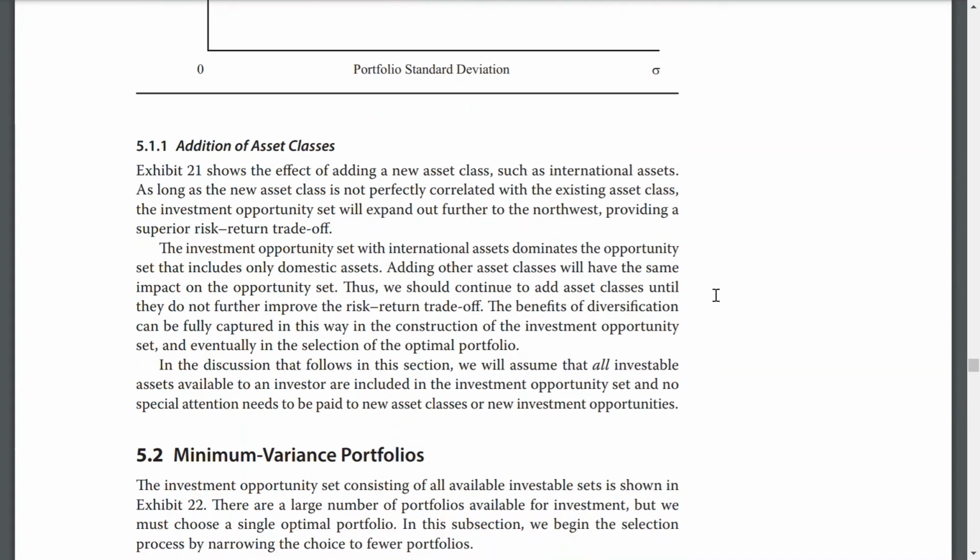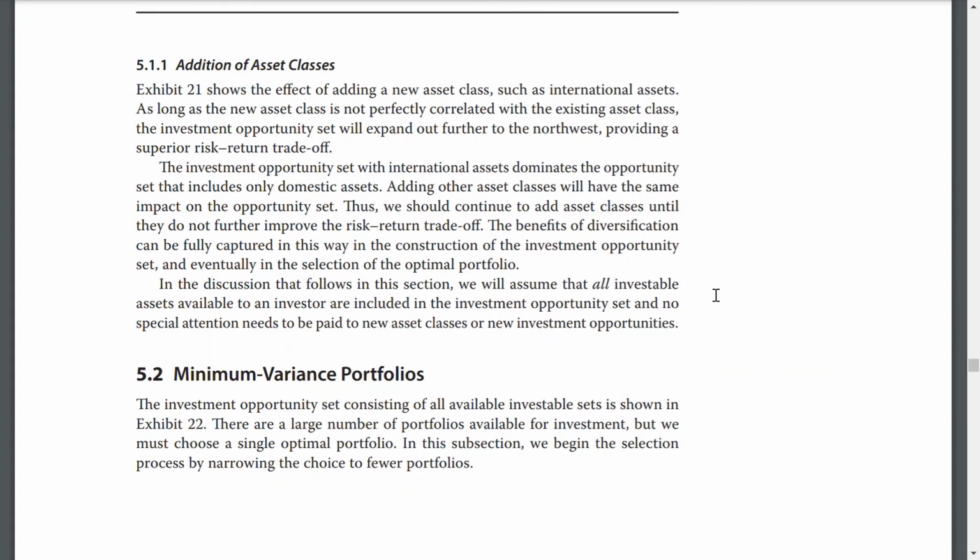Addition of asset classes. Exhibit 21 shows the effect of adding a new asset class, such as international assets, as long as the new asset class is not perfectly correlated.